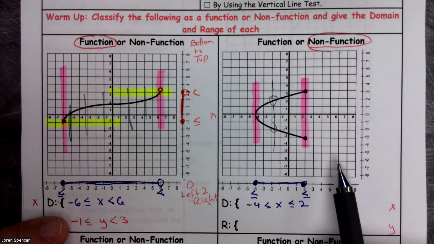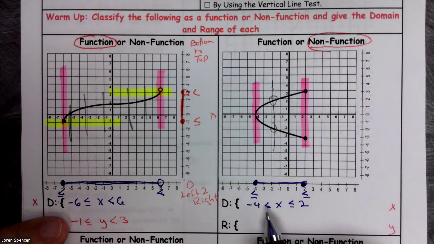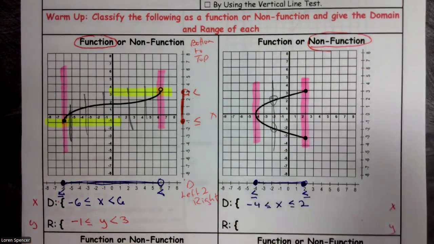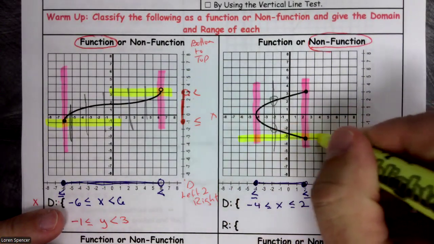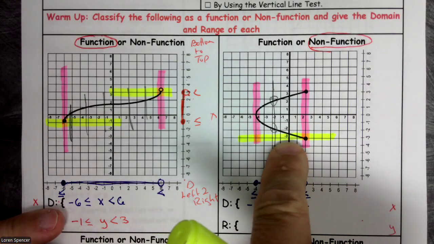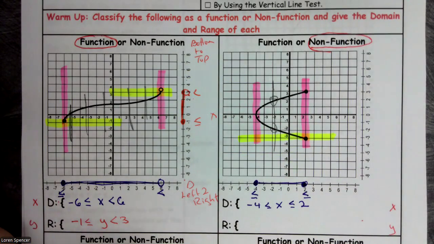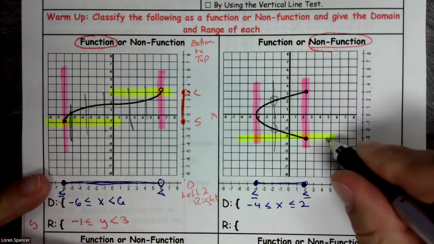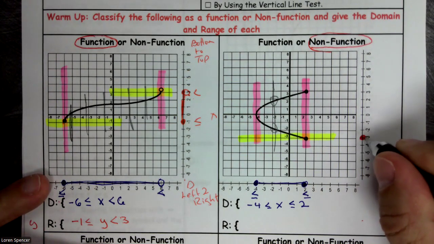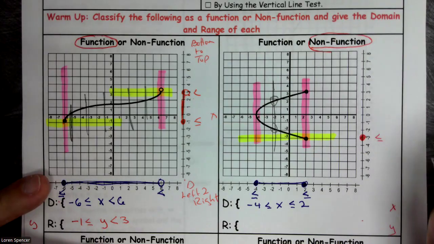Okay, range. Range is our y values, as we noted right here, and we want to start at the bottom or the lowest value. Our lowest value is right here, and we always draw it to the y-axis. It looks like it's hitting the y-axis at -3, and it's a solid. Solids get a less than or equal to.